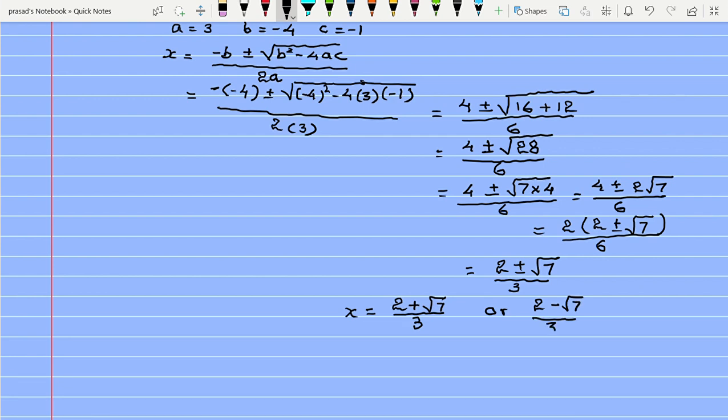Now keep it in mind that when you write the answer in this form, this is called the exact form.